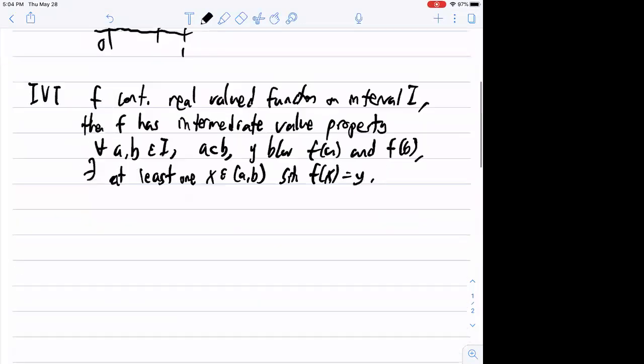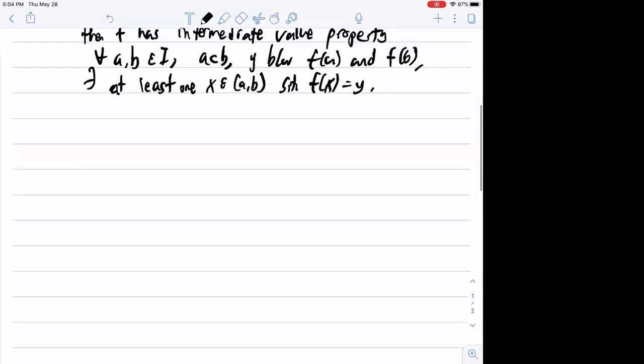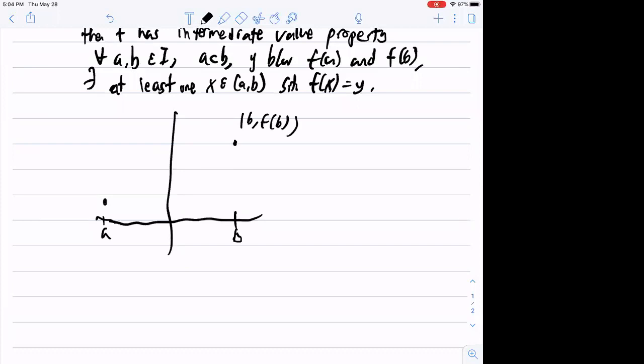So what is this saying? Let's try to see it by picture. This is a, this is b, and this is f of b. I didn't really write what f is, but remember, a continuous function is something where you don't lift your hand off the paper, or in my case, the iPad.